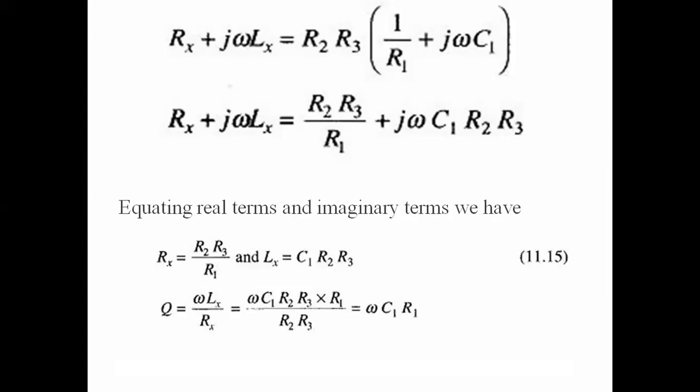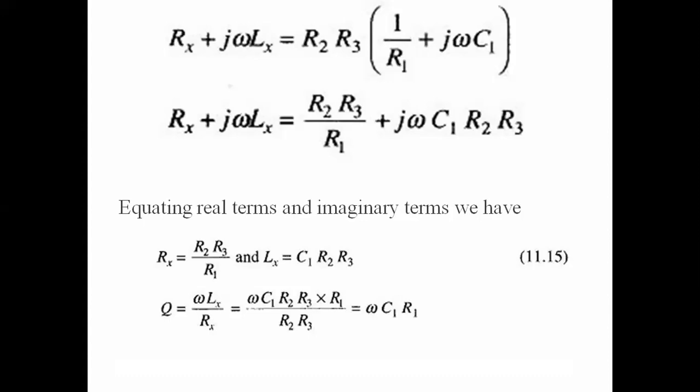Separating the real and imaginary terms by multiplying R2 and R3, you get R2 R3 over R1 plus j omega C1 into R2 R3. Equating the real and imaginary terms, we have Rx is equal to R2 R3 by R1 and Lx is equal to C1 R2 R3.